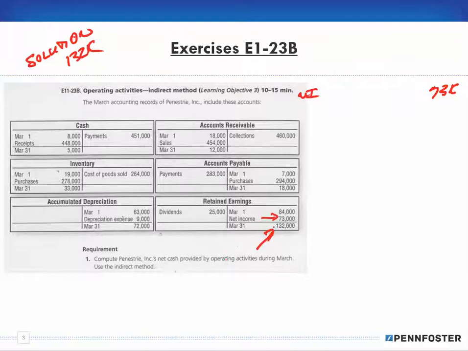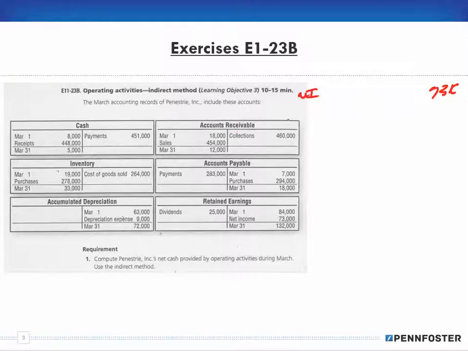No, that's the amount in our ending balance of retained earnings. That is not our net income for the accounting period. So that solution being $132,000 is incorrect. Follow along with the numbers I'm using here, because obviously we're going to end up with a different net cash provided, because that solution is incorrect.